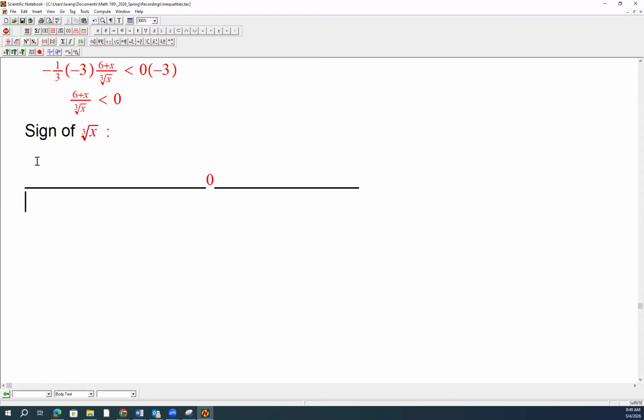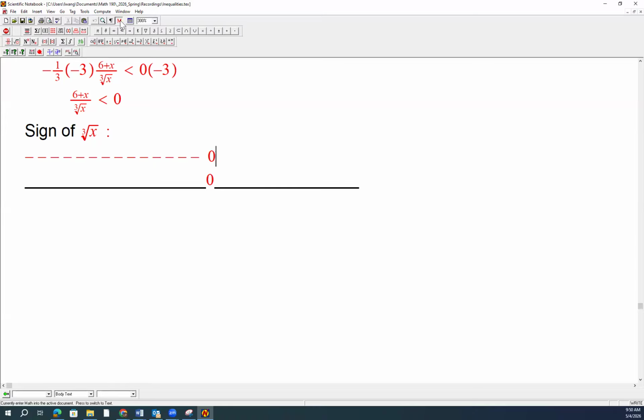When x is negative, the cubic root would be negative, right? At 0 it is 0. But the cubic root is in the denominator, so we should never divide by 0, right?